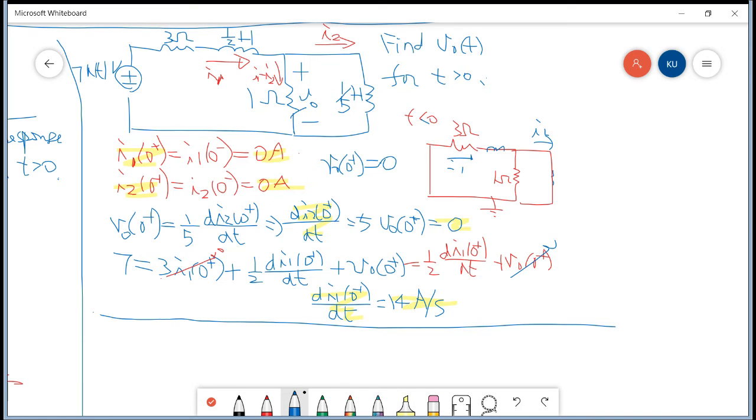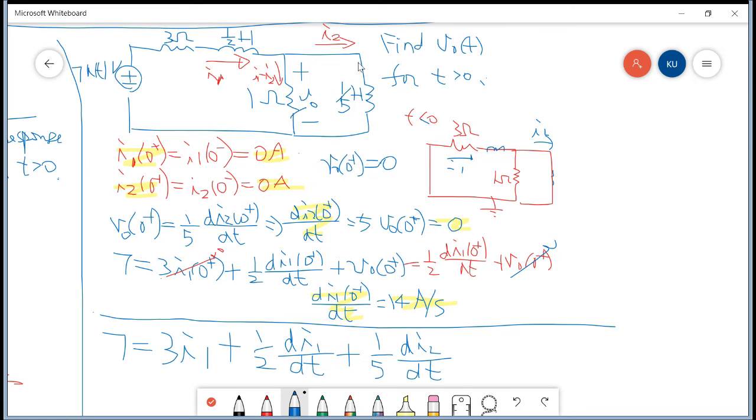At t larger than 0, we have 7 equals 3 i1 plus 1/2 di1/dt, which is the voltage here, and also for Vo, which is 1/5 di2/dt.